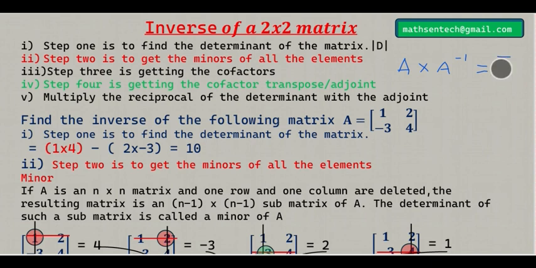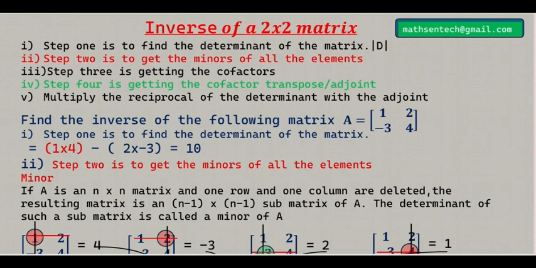Having said that, how do we find the inverse of a 2 by 2 matrix? The first step is to find the determinant of the matrix, denoted by D. Number 2 is get the minors of all the elements.